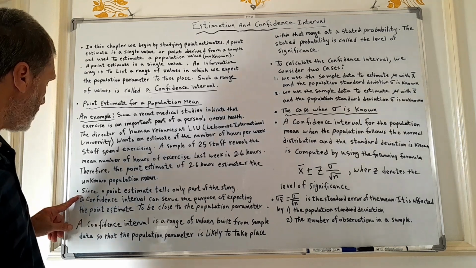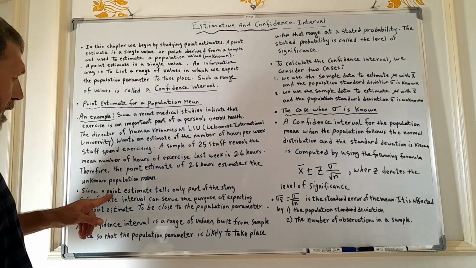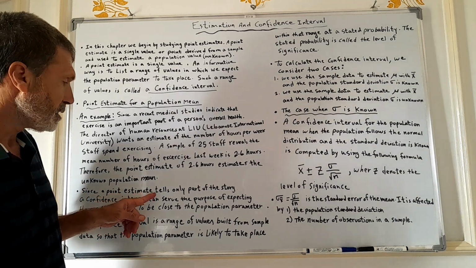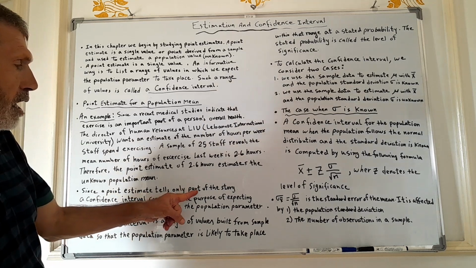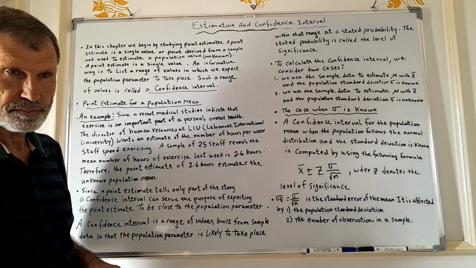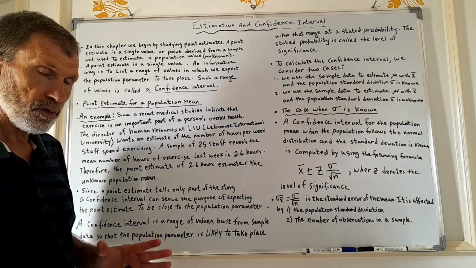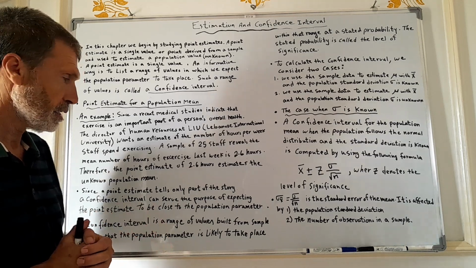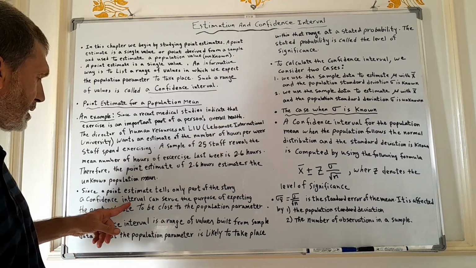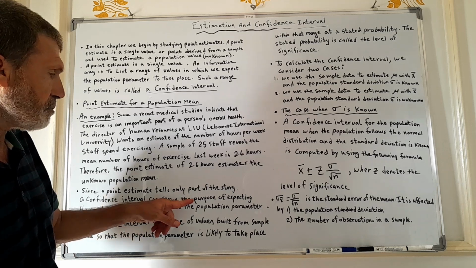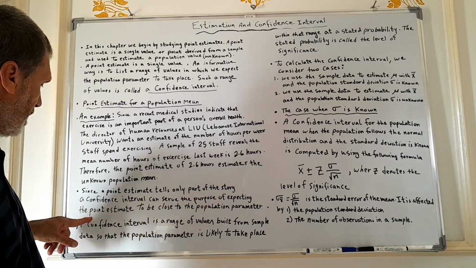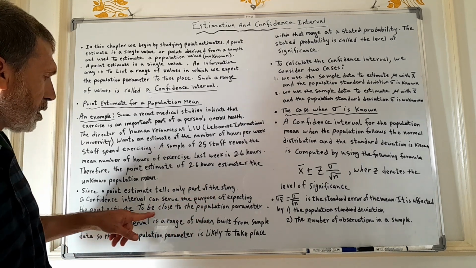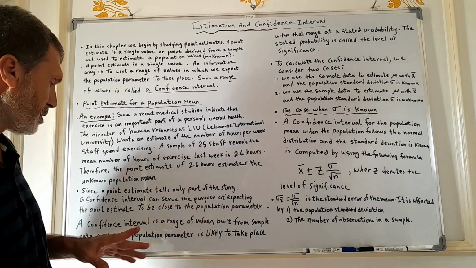Since a point estimate tells only part of the story, a confidence interval can serve the purpose of expecting the point estimate to be close to the population parameter.